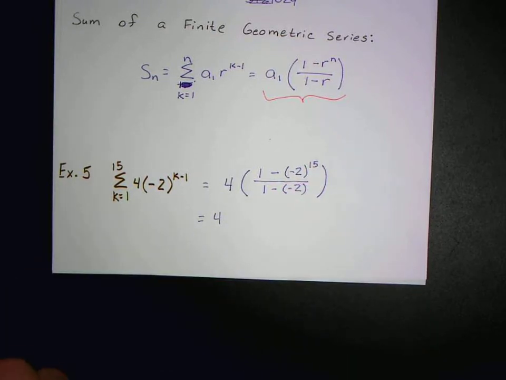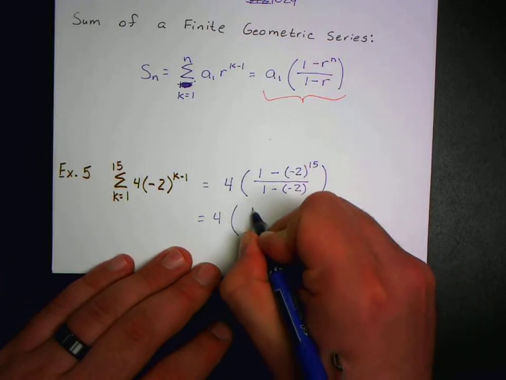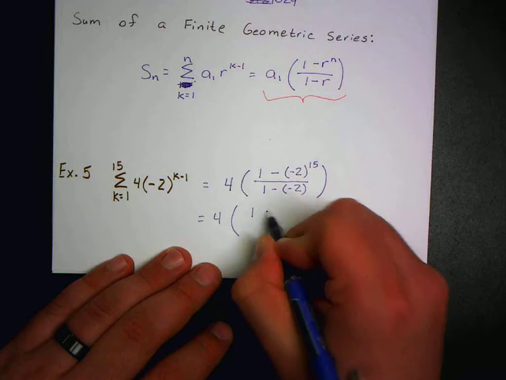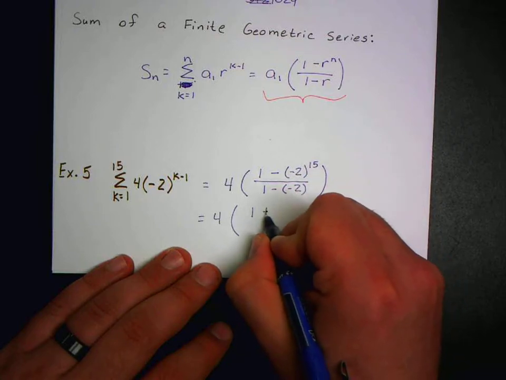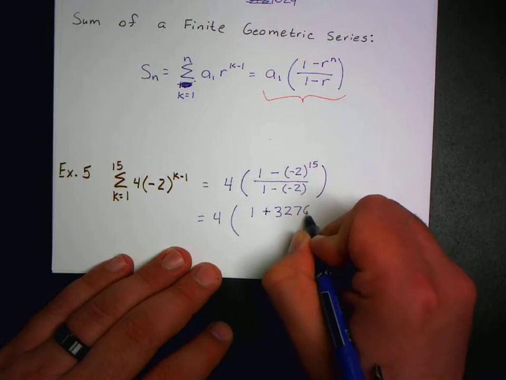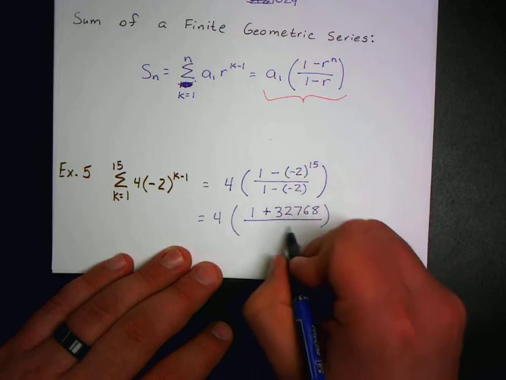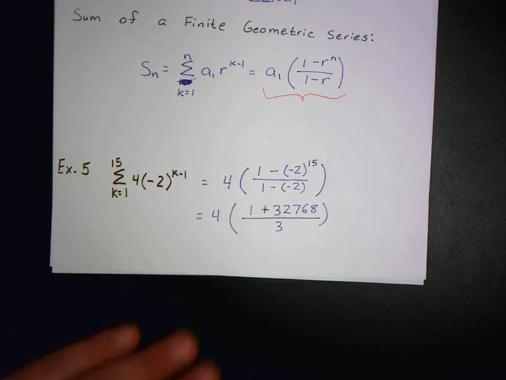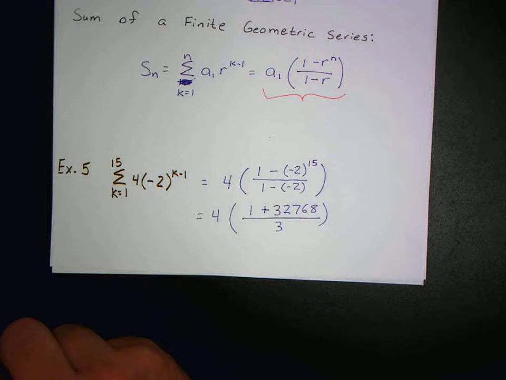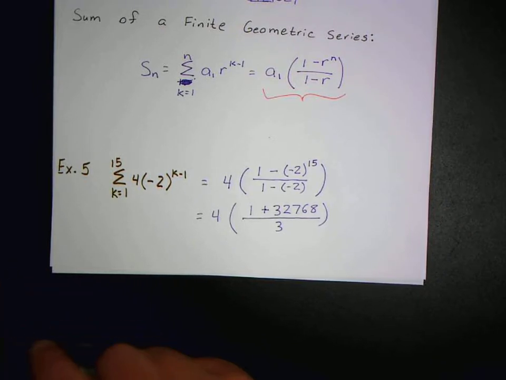Alright, so negative 2 to the 15th. That's going to end up being negative, so it'll end up being 1 plus. Divided by 3. And then take that times 4.